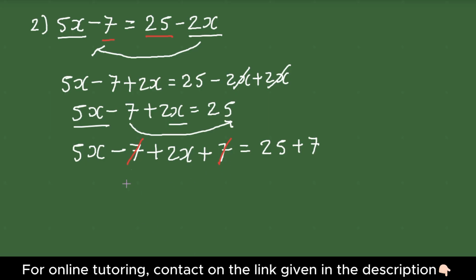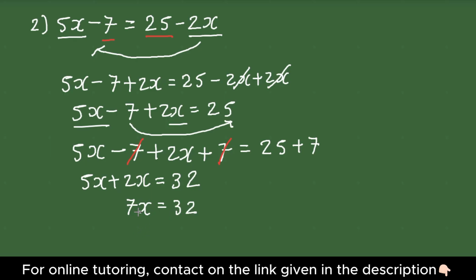So we can cross out these two terms. So now we have 5x plus 2x is equal to 25 plus 7 will be 32. So now on the left side we have 5x plus 2x, which is 7x, is equal to 32.